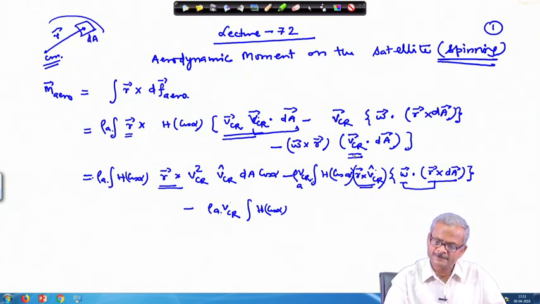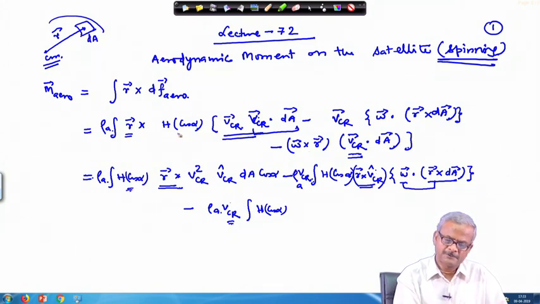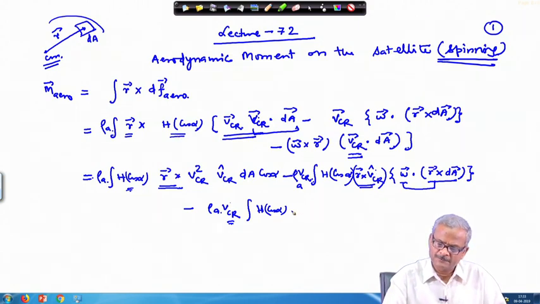Similarly, here we have this V_CR, I have taken it outside, and then h cos alpha which comes for this particular one, and then rho A also we have taken outside. This is omega, r cross omega cross r, and then V_CR cap dot dA.